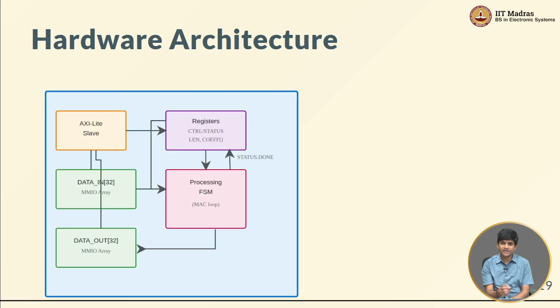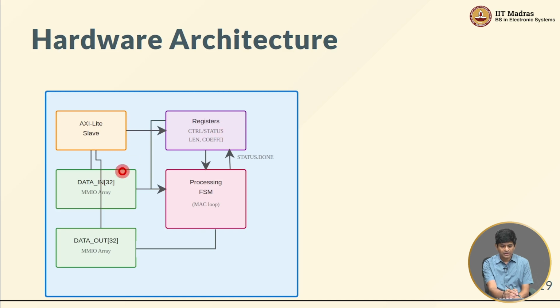So the hardware architecture is going to be something like this. We will have a finite state machine which basically implements the actual filtering. It's going to be performing a loop which performs multiply accumulate operations by running over all the coefficients and multiplying the corresponding set of data that we have. There are a set of registers which interact with this finite state machine. Those are basically going to be the control, status, coefficients and so on.